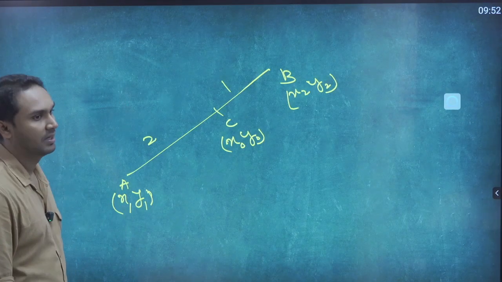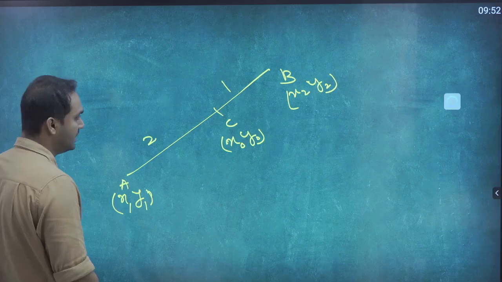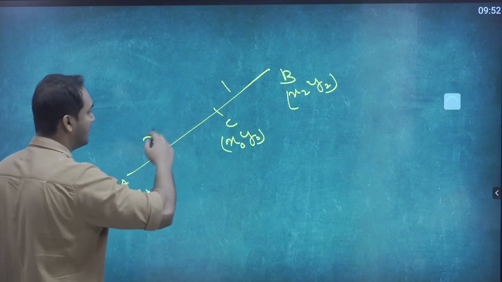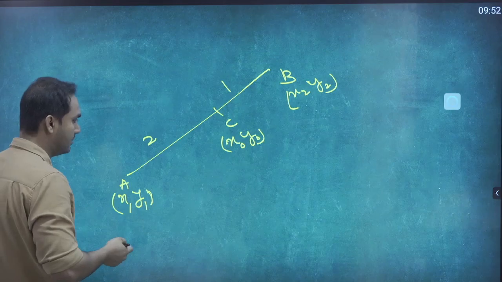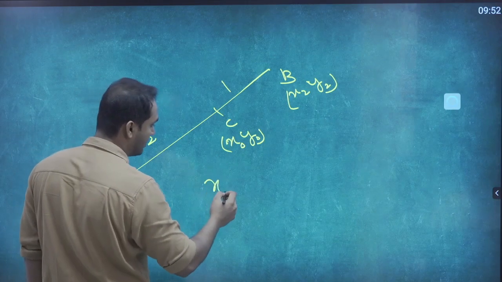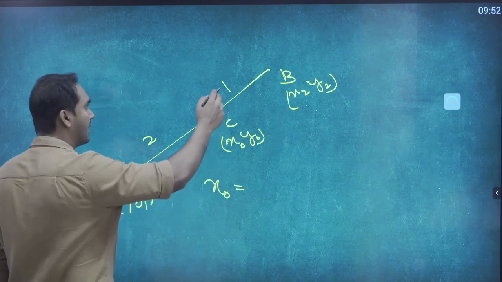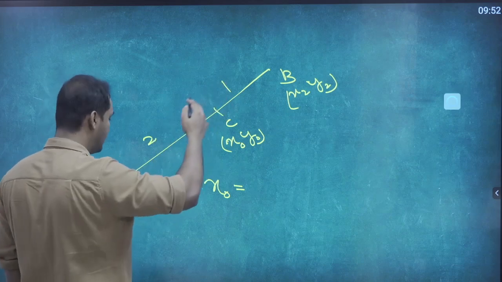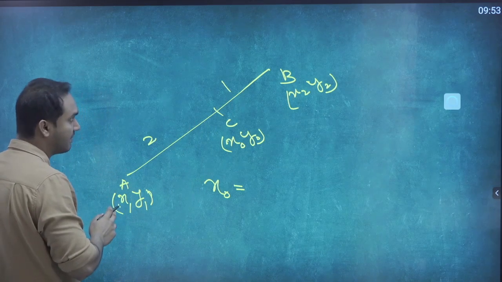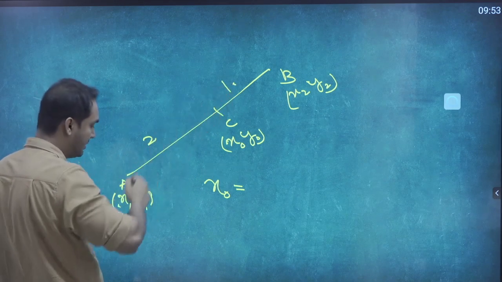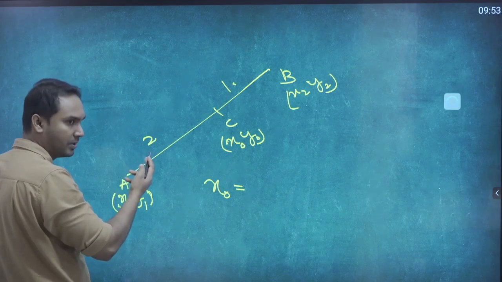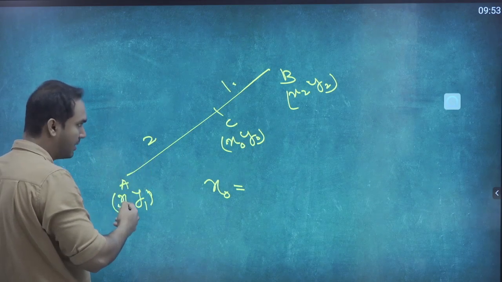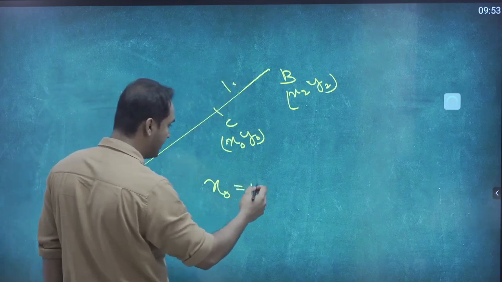So how do you find the coordinates x naught and y naught? You have to multiply the coordinate values by the opposite ratios. If you want to find x naught, you multiply x1 by 1, because it is the opposite ratio. The one close to x1 is 2, but you don't multiply by 2, you multiply by the opposite ratio, which is 1.